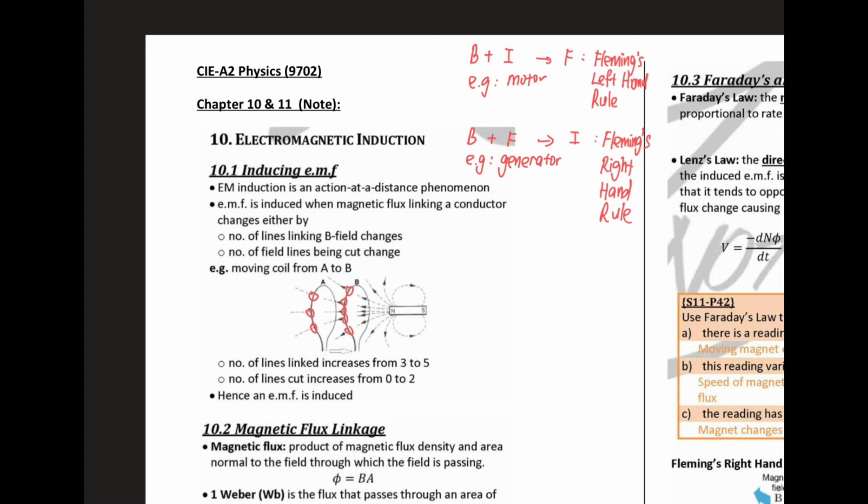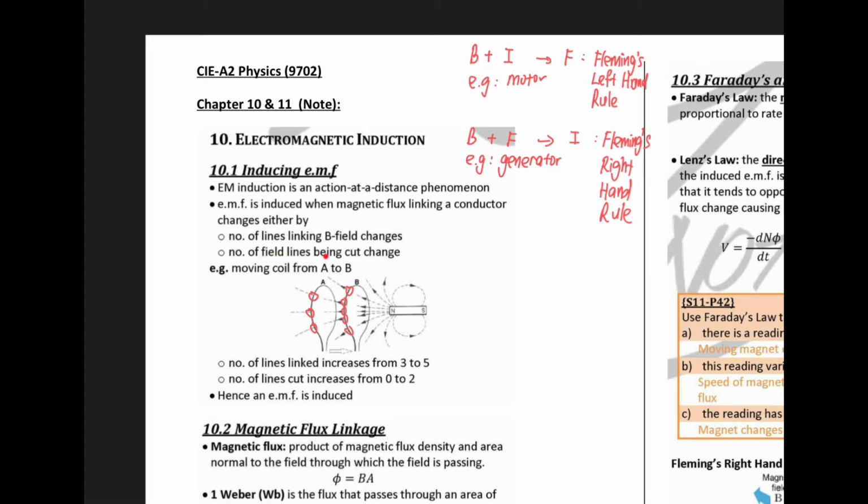Either you keep the magnet bar stationary and you move the coil. This is option 1. Or the second option is you keep the coil stationary, but you keep moving your magnet. So that is option 2. As long as there is a change in the way that they cut, then they will have EMF induced.